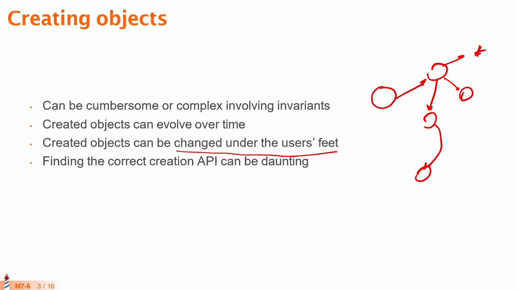Also, we want to expose an API that is closer to the client of our code, that expresses what the client is wanting and not what objects we need to create, how they are created, or the relationships between each of them. So we need to provide an API that is closer to what the user wants to use.